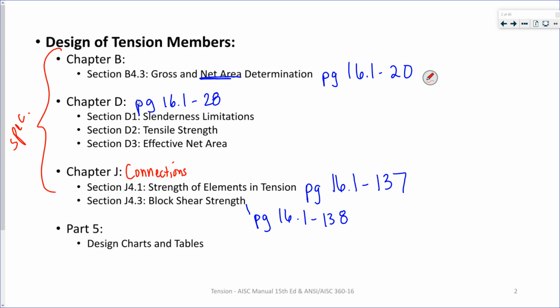So tension members is part 5, which starts on page 5-1. Should be a little tab that says TEN dot. And you'll see there's design tables, and it talks about the assumptions of the design tables.